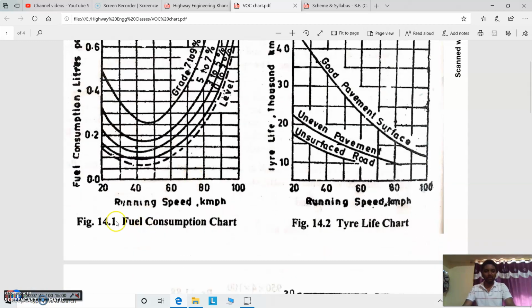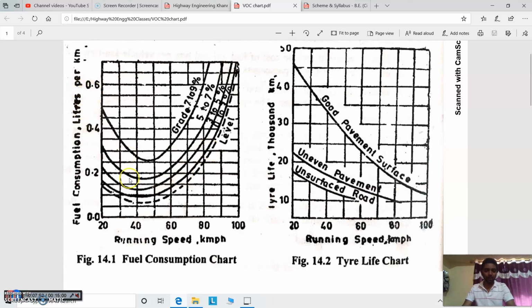The first chart is figure 14.1, fuel consumption in liters per kilometer. In this chart, curves are given for level 0 to 3%, 3 to 5%, 5 to 7%, and grade 7 to 9%. In the problem it is given for level ground at economical speed, so we take the maximum convexity of this curve, the lowest point, and that is considered to be 42 kmph.